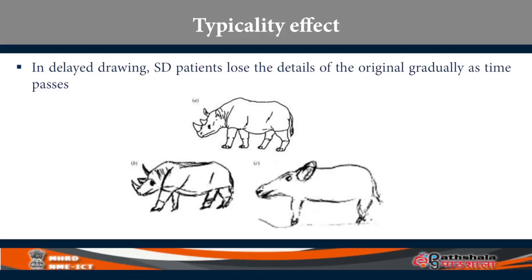Notice in the picture there is no horn. That is, after some time has elapsed, the patient was not able to recollect that very feature which is typical of hippopotamus. Alright, this is the typicality effect which you notice in semantic dementia patients.